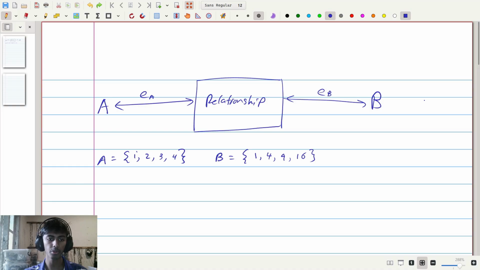One element of A maps to exactly one element of B, and that element of B maps to exactly one element of A.